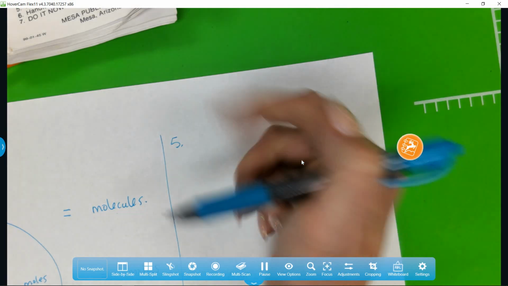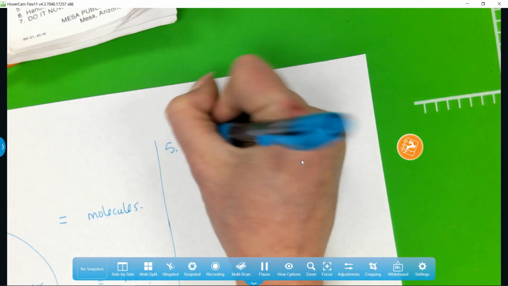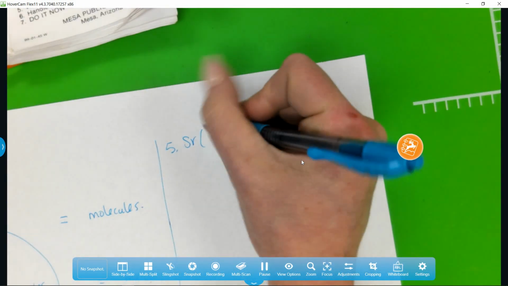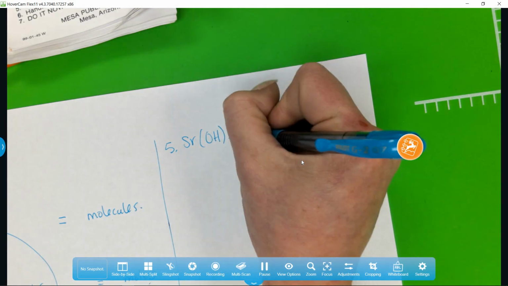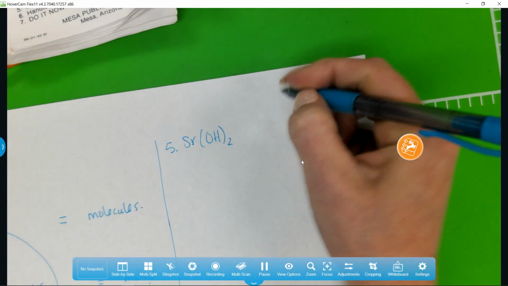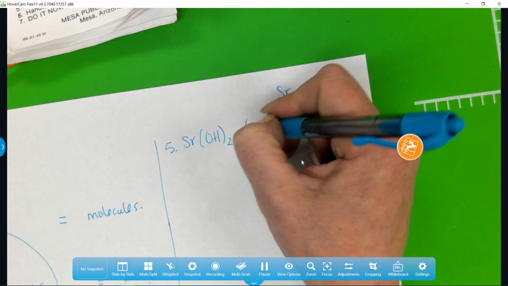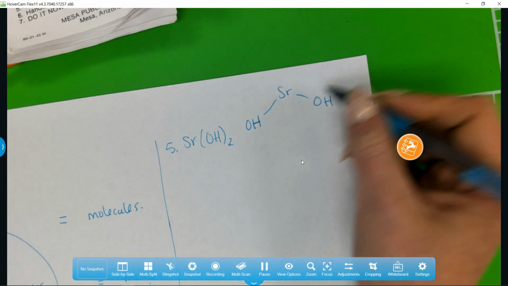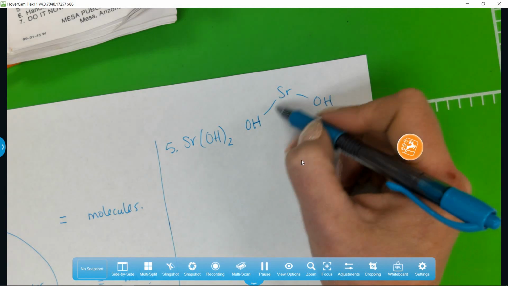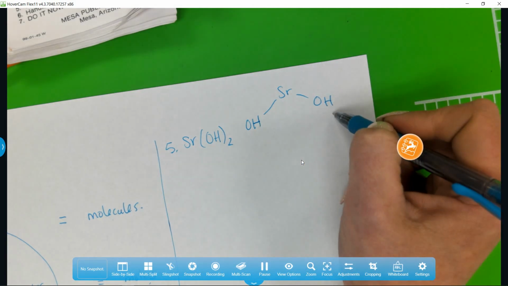For the molar mass of something like strontium dioxide, I think is what this is. You could just picture it like in your head if it's Sr joined up to OH twice. And then we just use the periodic table to fill in their molar masses.